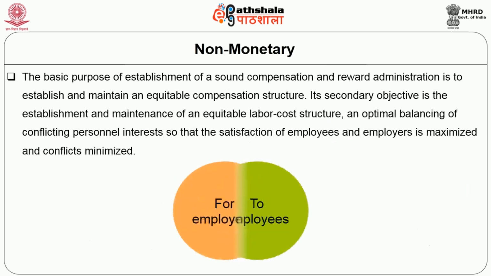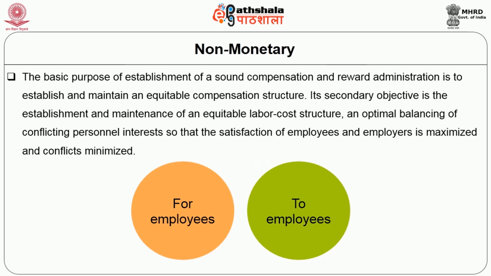Now, the basic purpose of establishing sound compensation and reward administration, either monetary or non-monetary, is to establish and maintain an equitable compensation structure for all its employees without any bias.